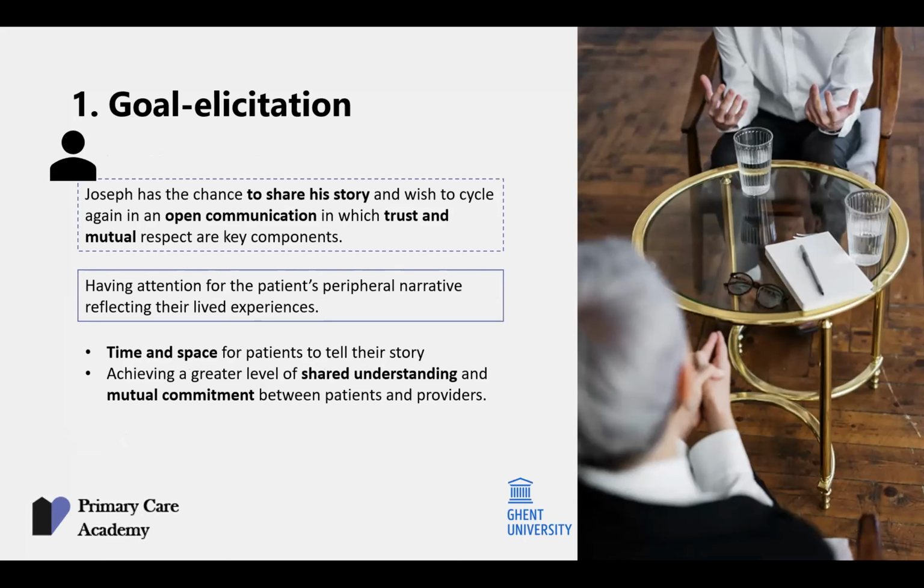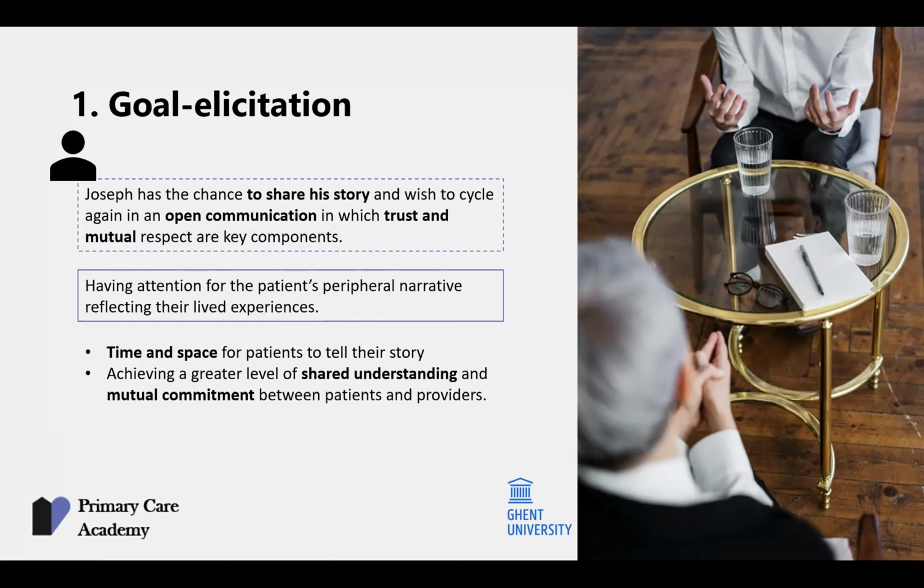Providers are presumed to offer time and space in the stage of goal elicitation, so that patients can tell their story and are open to share their concerns, which makes it possible to work towards the patient agenda. This stage is also considered essential to work towards a more balanced patient-provider relationship based on open communication, trust, and mutual respect.